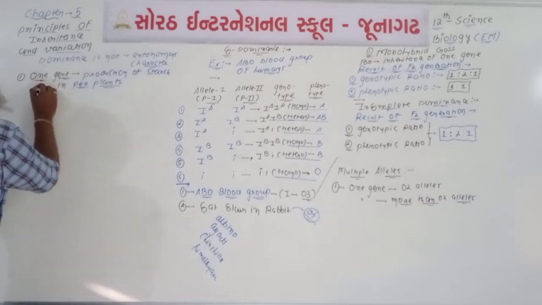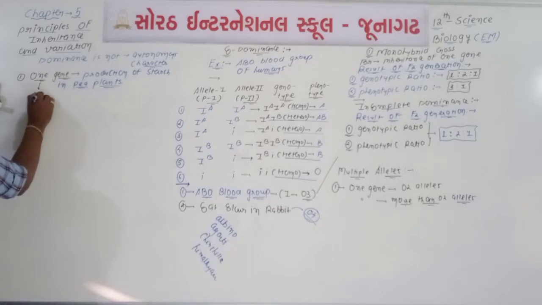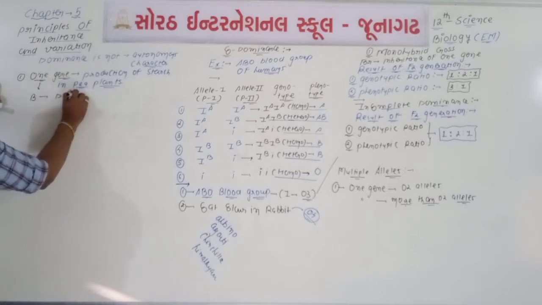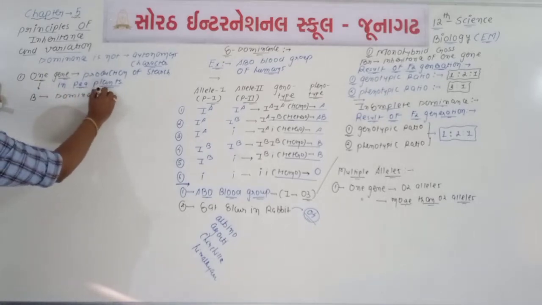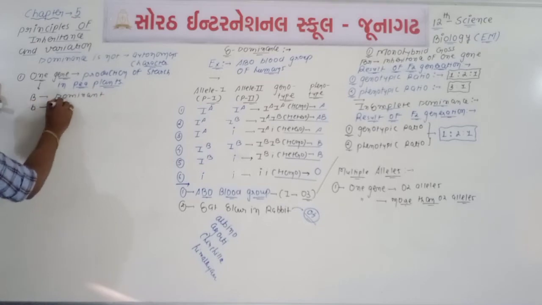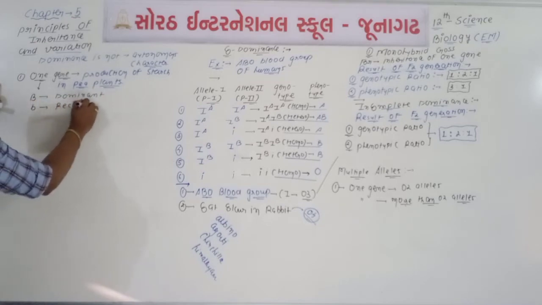If we talk about the alleles for this gene, capital B is the dominant allele, while small b is the recessive allele.